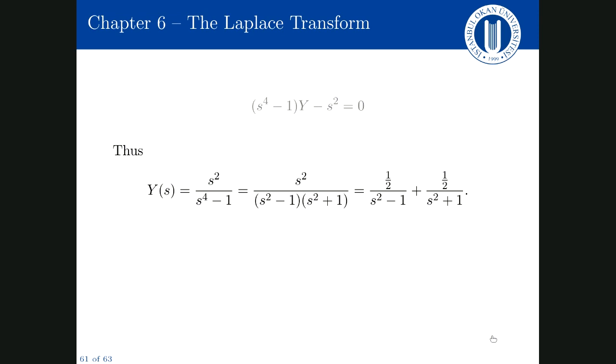Rearrange this. Capital Y is s squared over s to the power 4 minus 1, or using partial fractions, a half over s squared minus 1 plus a half over s squared plus 1.